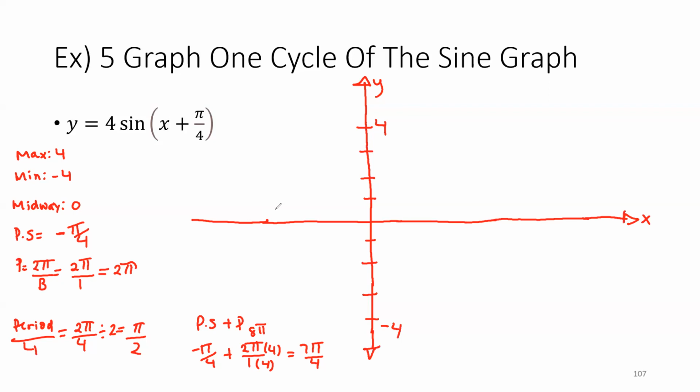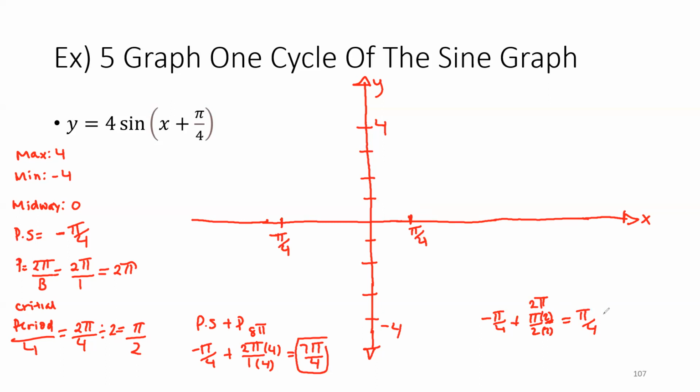Okay, and then your first starting point is at negative pi over 4. And then you keep on adding, so this is your critical value, you keep on adding pi over 2 until you stop at 7 pi over 4, right? So negative pi over 4 plus pi over 2 is 2 pi minus 1 pi, that is pi over 4. So our next one is at pi over 4.